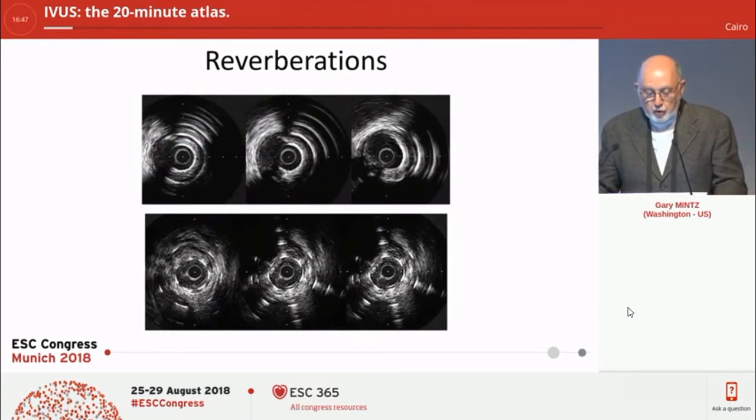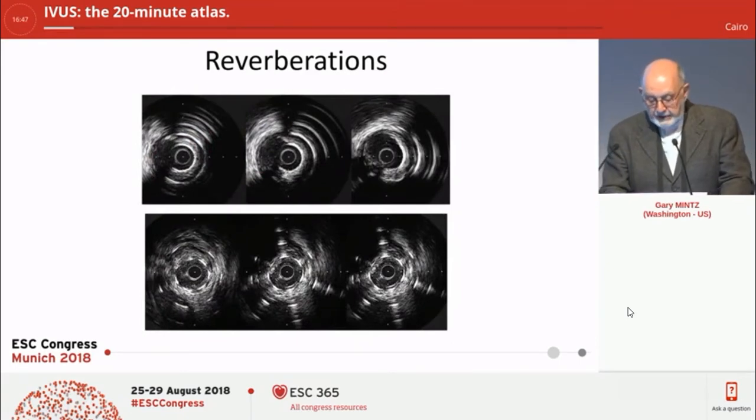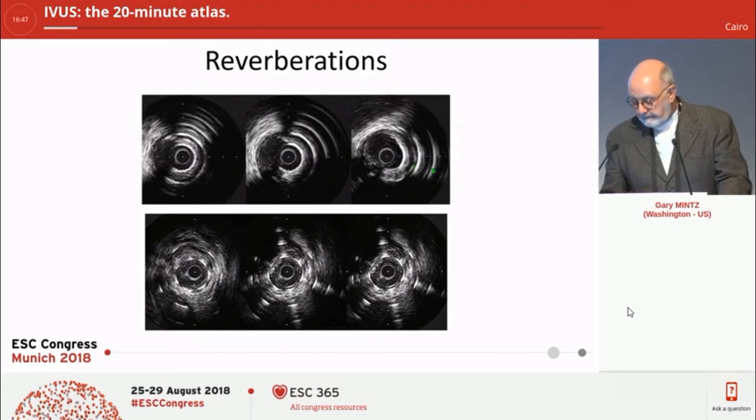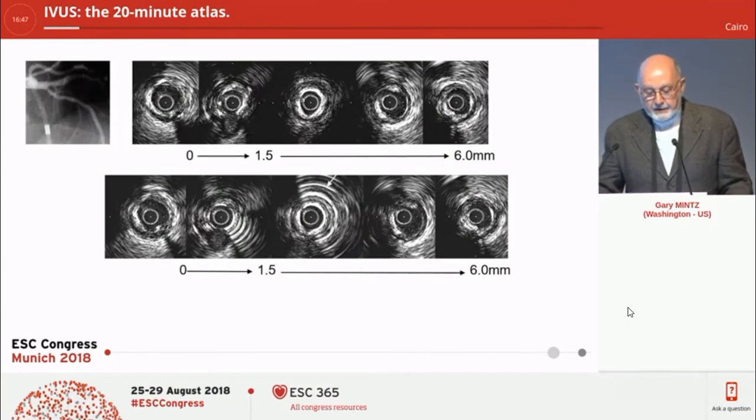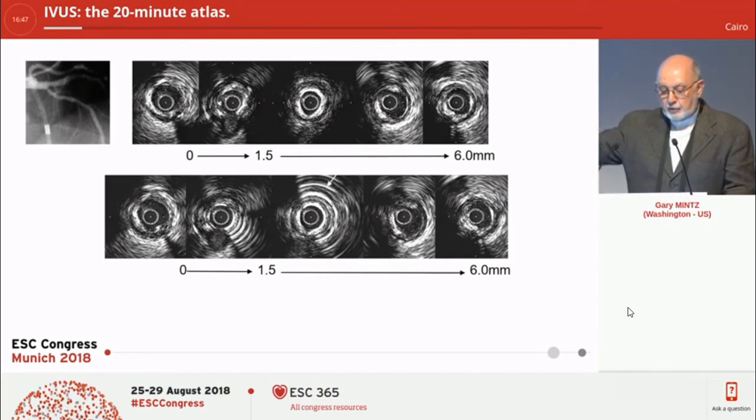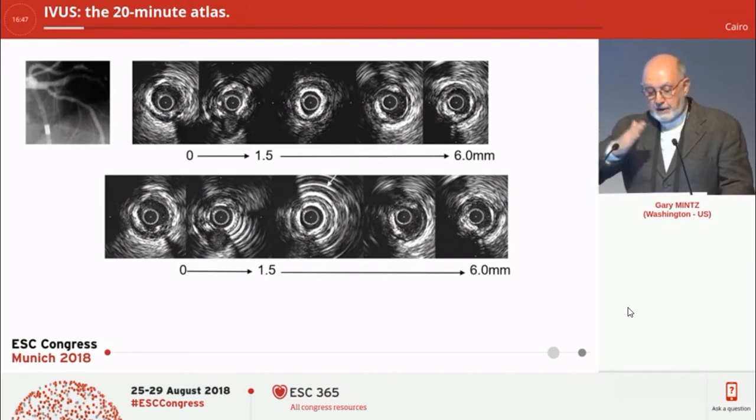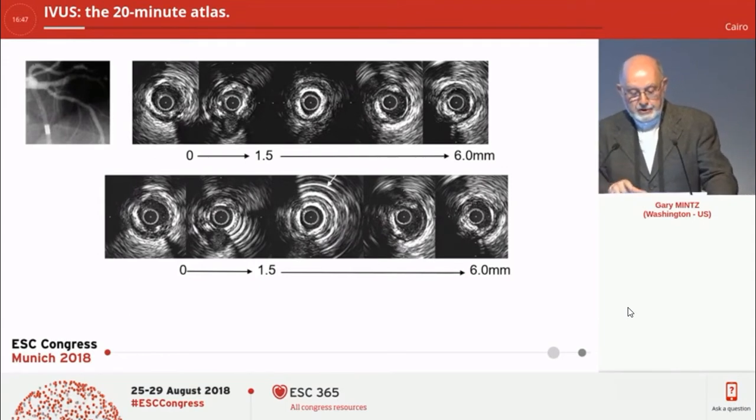There are really only two causes of reverberations: calcium, as I just mentioned, and metal. So here you see stent metal causing reverberations. Here you see calcium causing reverberations. Now, these intense reverberations with calcium occur most prominently after rotational atherectomy because of polishing the surface, allowing the ultrasound to bounce back and forth between the transducer and the polished calcium.